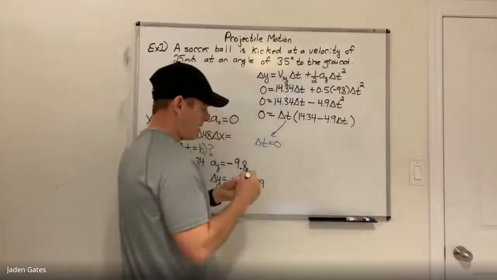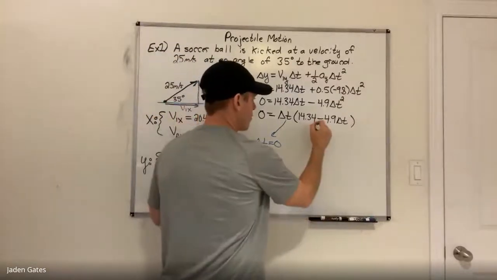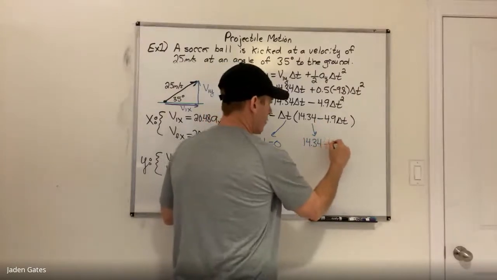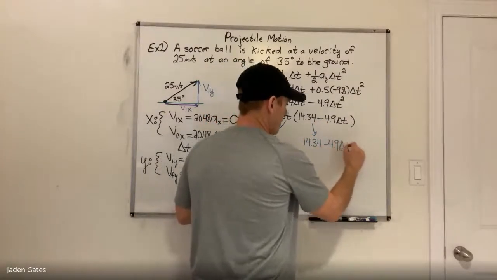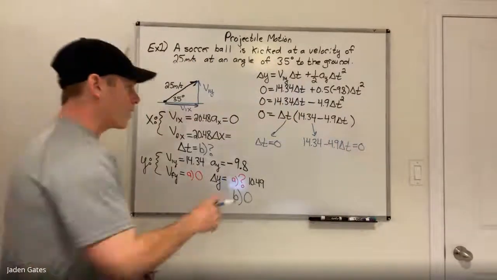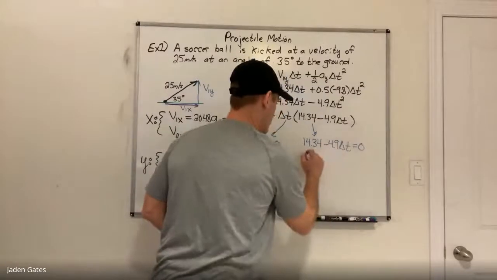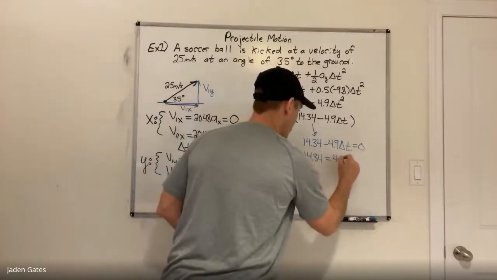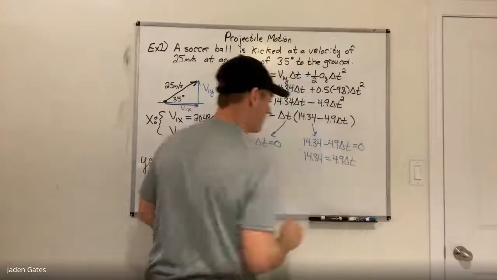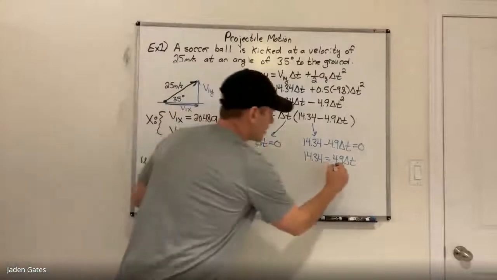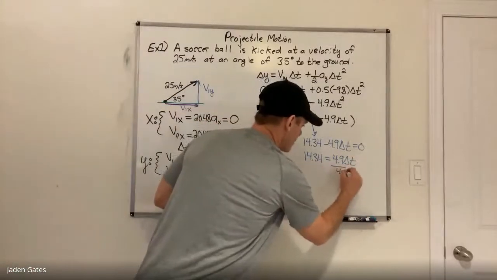So again, I'm going to make this piece equal to 0, where I take my 14.34 minus 4.9 delta T equals 0. All right, now I'm going to solve this one. So I'm going to take this negative 4.9 delta T over to the other side. So it becomes a positive 4.9 delta T. All right, and then I'm going to divide both sides by my numerical coefficient.